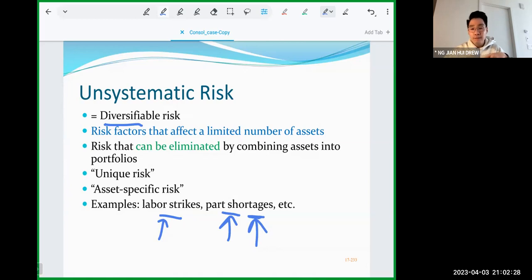And that is why the examples of labor strikes and part shortages are considered unsystematic risk. That is almost unique and asset specific. Because it's so specific to the asset, by simply considering other types of stock in your portfolio, you would remove the unsystematic risk.